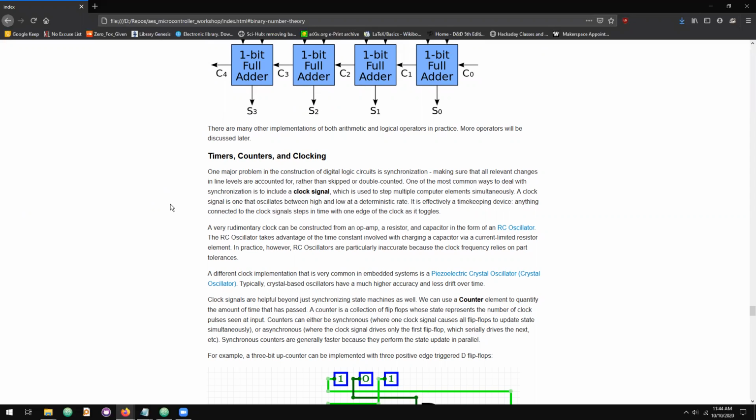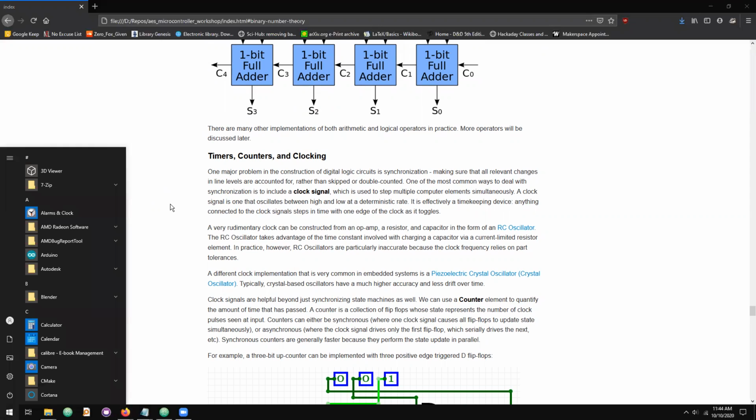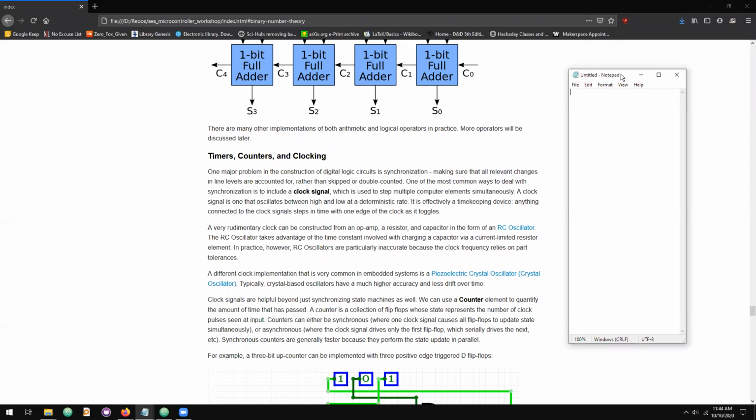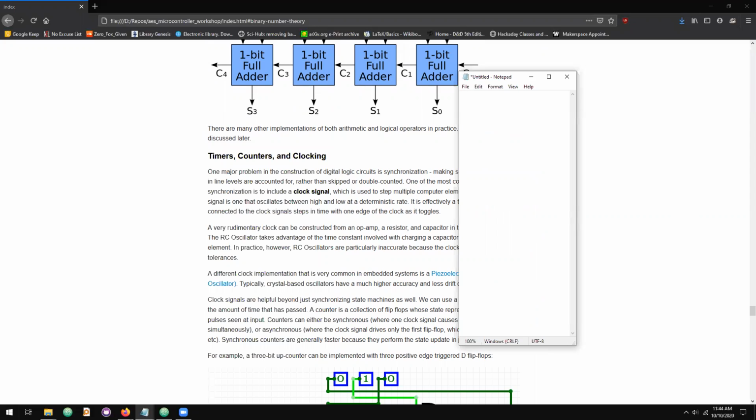So you have a transition that goes from, I'm going to call it logic low and I'll call it logic high. So you have something that is constantly shifting from logic low to logic high, and it has these edges that are either rising or falling.